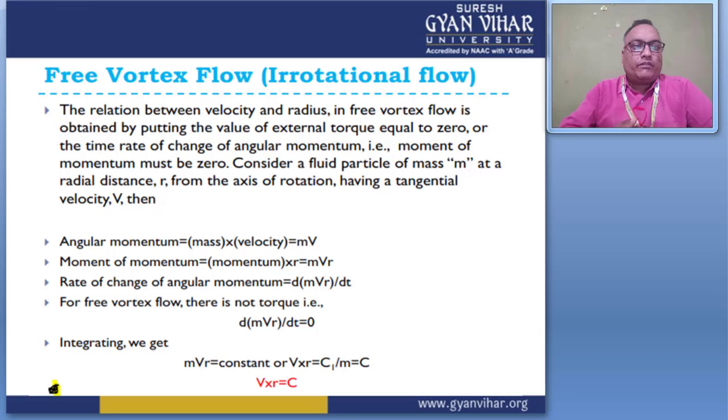For the relation between the velocity and radius, what is the relation of velocity and radius? V equal to r omega.